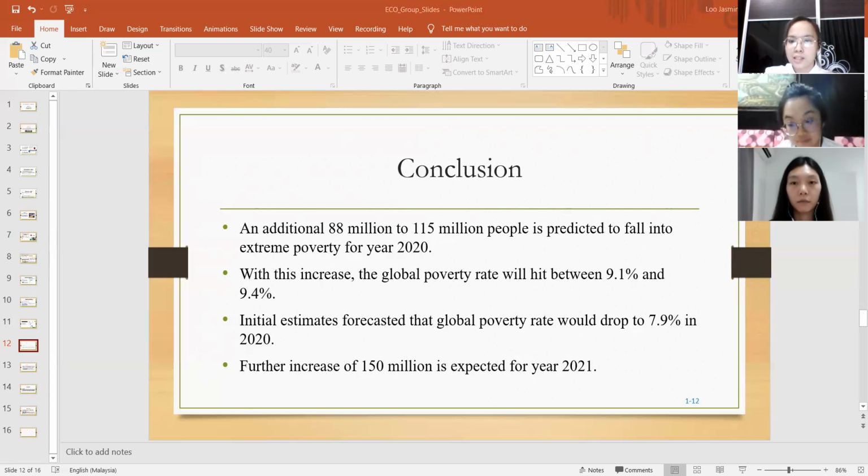Besides that, this report also finds that many of the new poor will be in countries that already have high poverty rates. A number of middle-income countries will see a significant number of people sink below the extreme poverty line. About 82% of the total will be in middle-income countries, the report estimates.